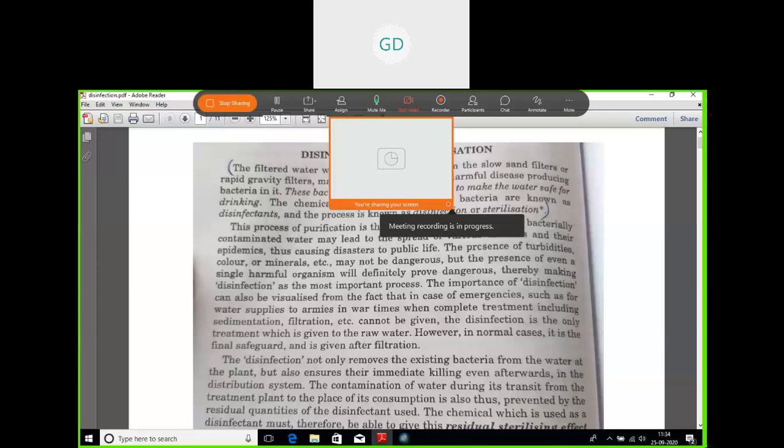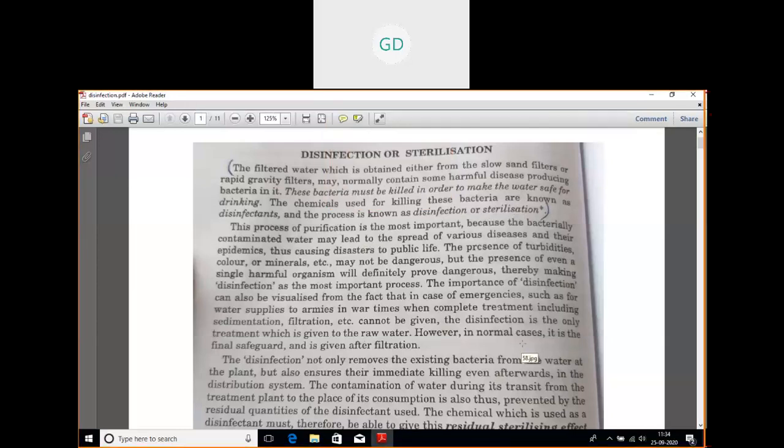Since it is clear, I can tell you the question again. If I give you two glasses of water, in glass number one all the impurities are present, like the water is turbid, it has color and other kinds of impurities.